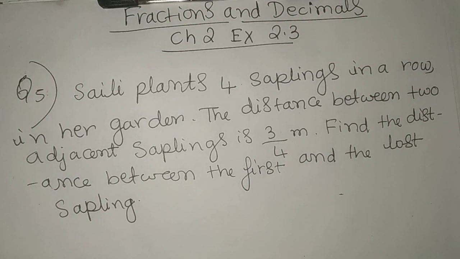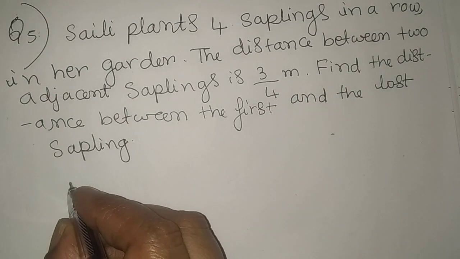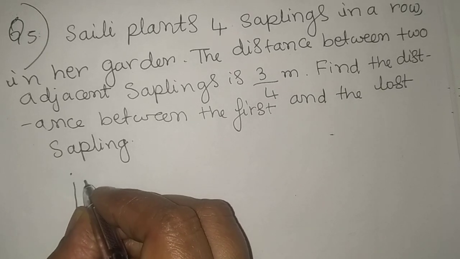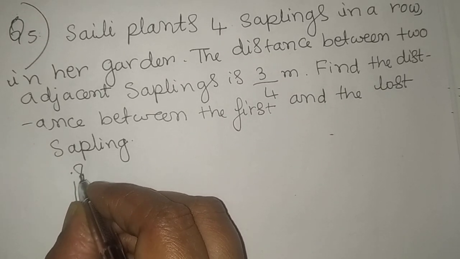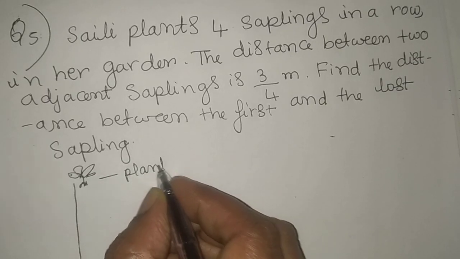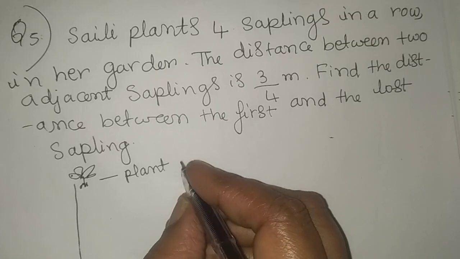So consider this: Fathima plants. So we'll try to write. This is one plant, or here they are given the name saplings.